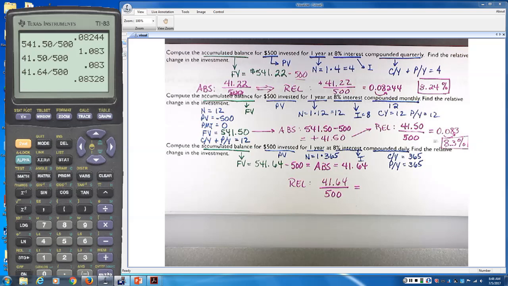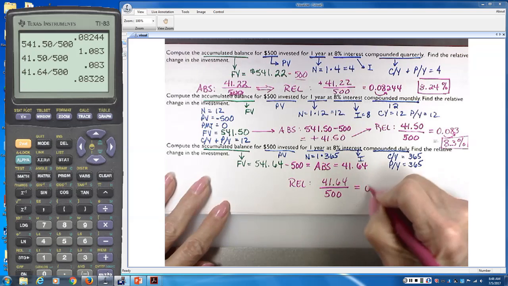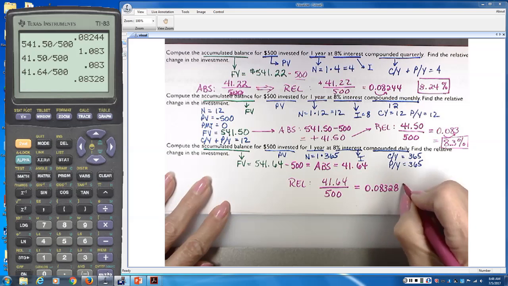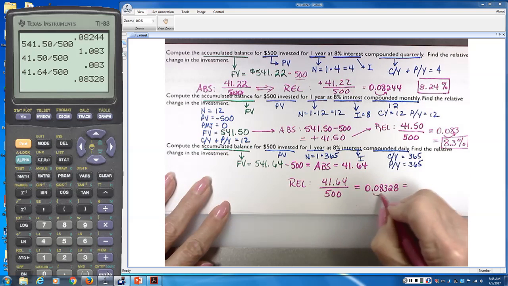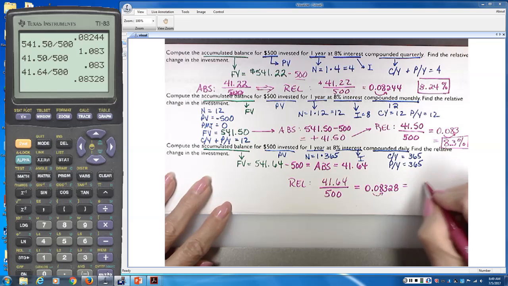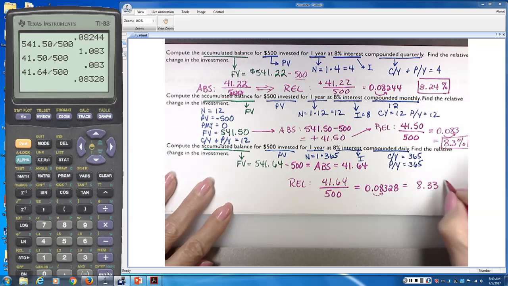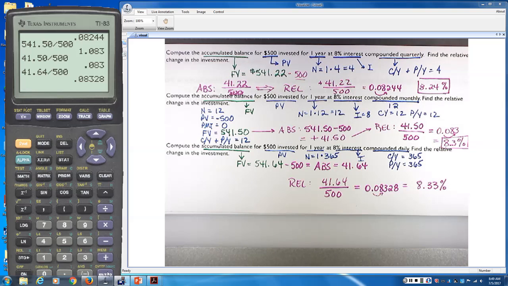And that's 0.08328, which would round to, again, 0.08, but I'm going to carry it out to the additional decimal place so that we can see that it's not just 8.3%, but it's 8.33% rounded off to the extra decimal place, which is, again, a little bit more. Okay? So if you compound more often, the relative change is going to be a little bit higher.